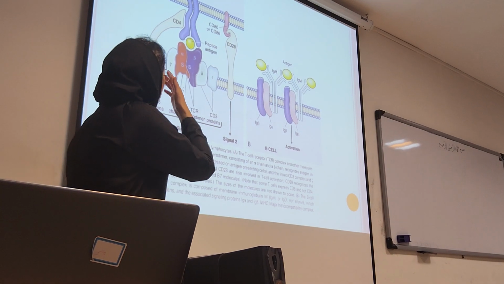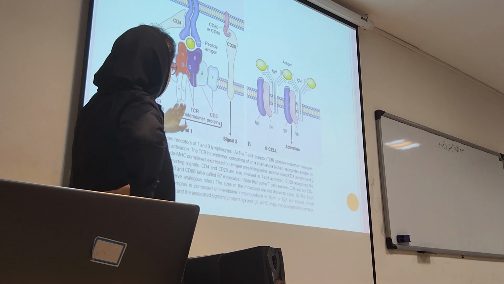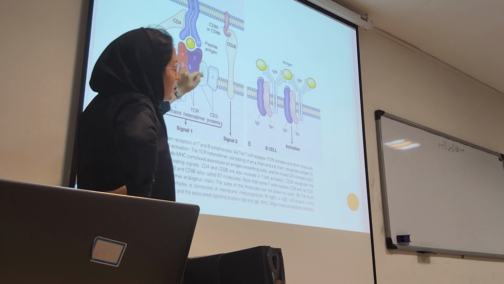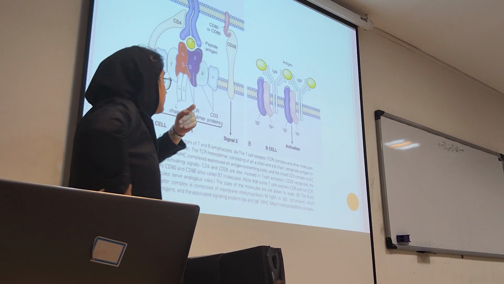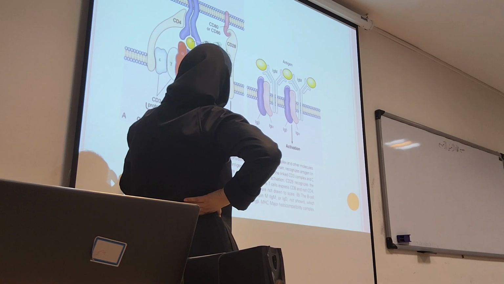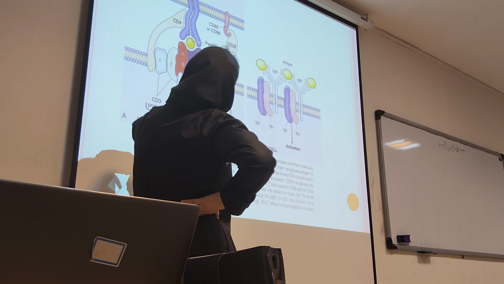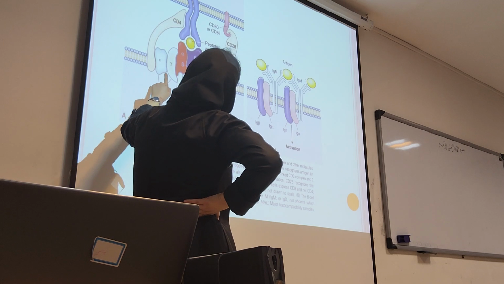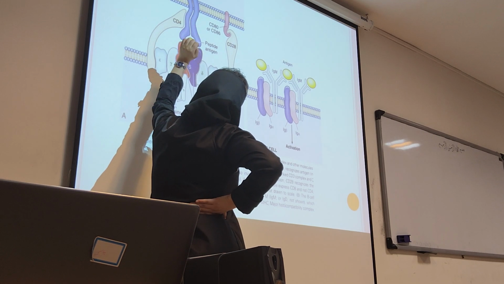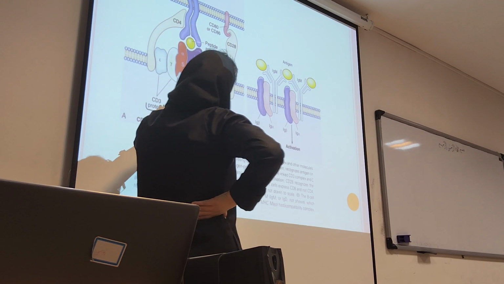Okay. And here you see the structure of what? MHC and T cell receptor. Yes, T cell receptor. This is a CD4 positive T cell. You have the T cell receptor here, and you see that we have presentation of the antigen by MHC class 2.